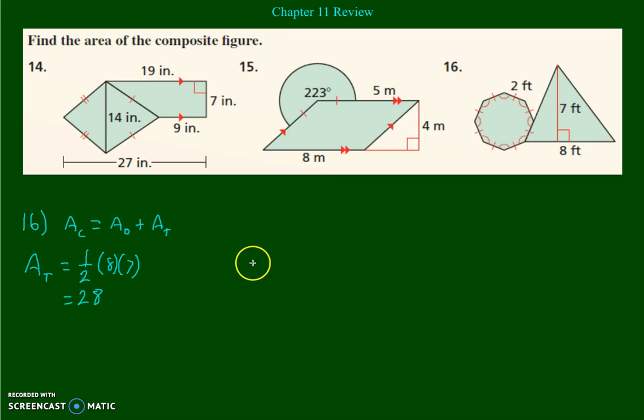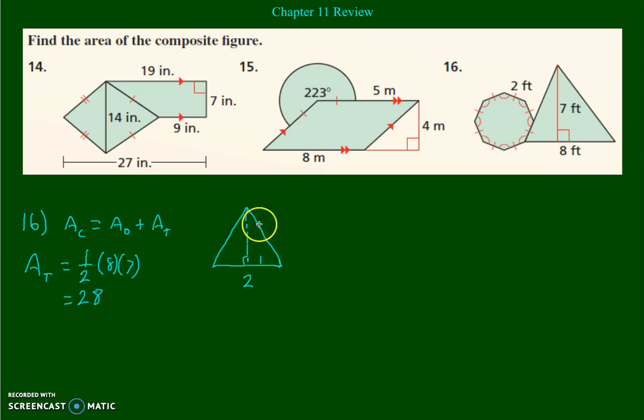For the area of the regular polygon, as usual, I'm going to draw one triangle as our basis triangle, and we're going to work off of that. So let's go ahead and put in our apothem here. We know that this side length is 2, so this, then, is 1.